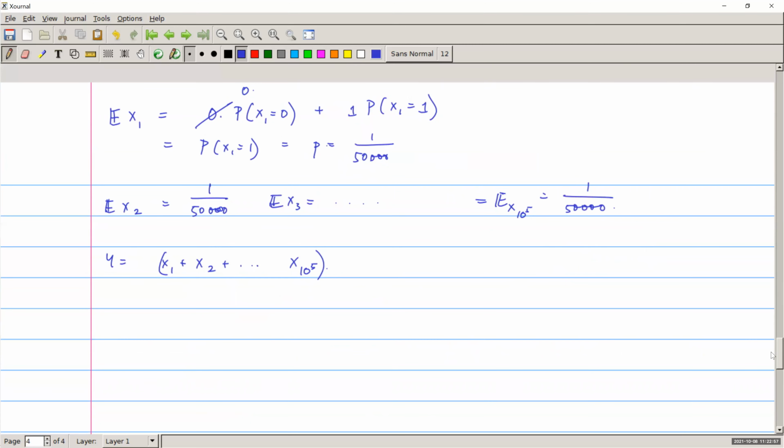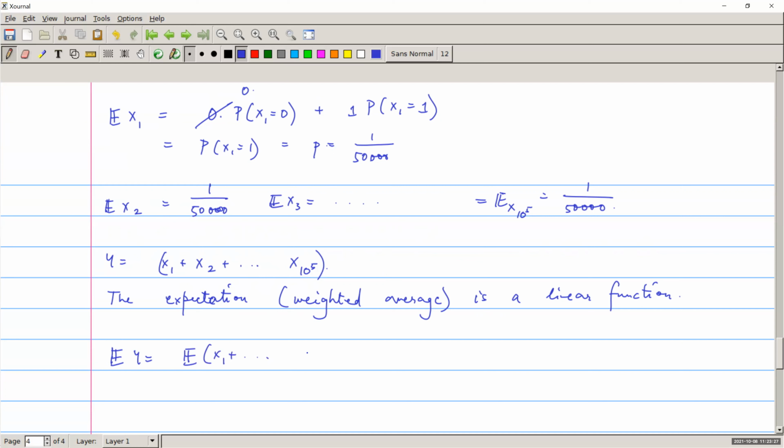So the expectation of Y is the expectation of X1 through X 10 to the 5. It's simply the weighted average of each of these individual random variables.